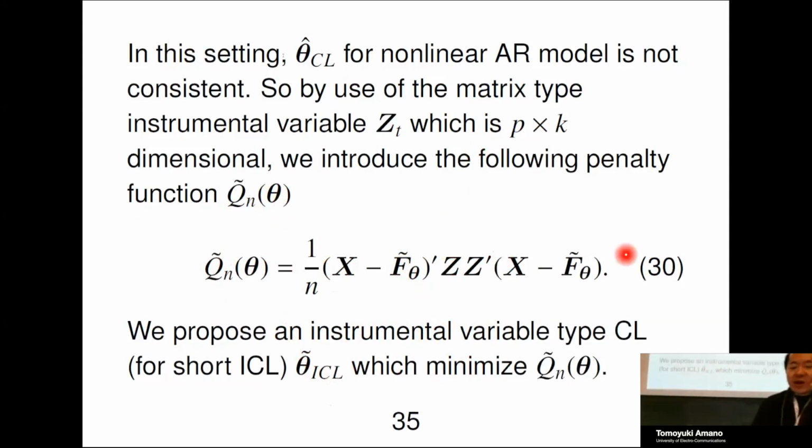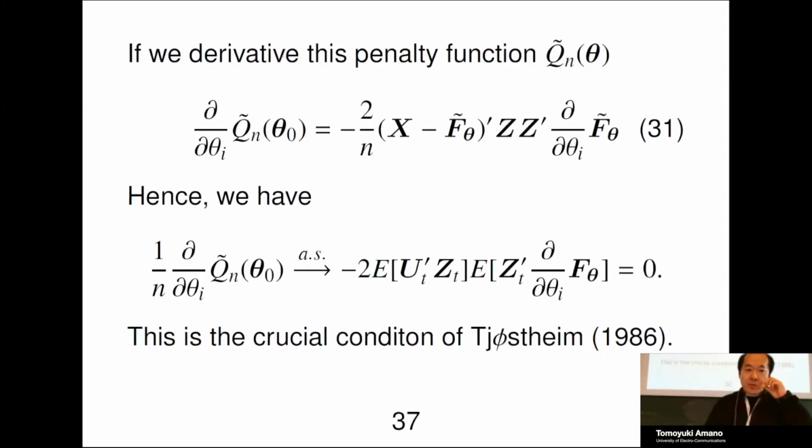And this ICL is given by minimizing this penalty function. And we calculate this penalty function, Q tilde. So this term is given by this. And hence we have this term converging to this. And ut and zt are independent, so this term is 0.